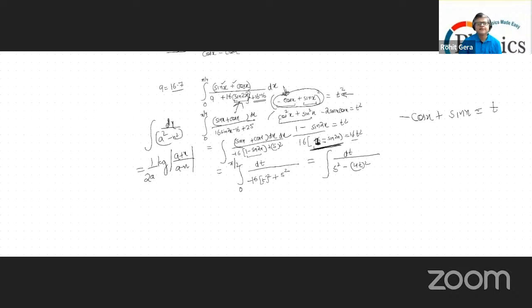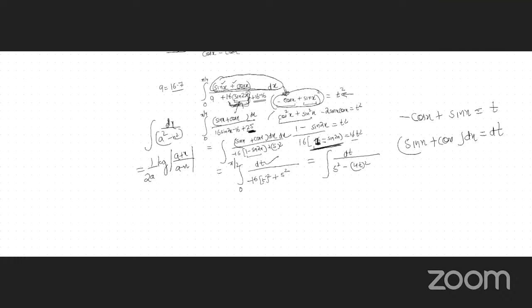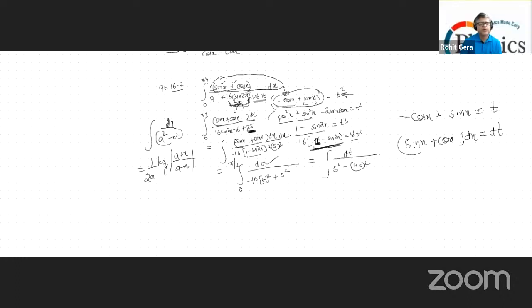So sin x plus cos x dx is equal to dt. So this whole thing is dt, which is what I did. This is dt. And in the denominator, it is 25 plus 16 sine 2x. 16 sine 2x, I have already found out. Sorry, 16 times 1 minus sine 2x was this 16t square. So I've substituted this to be t square.